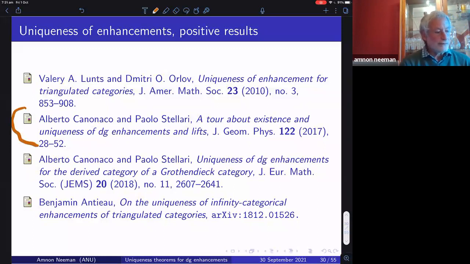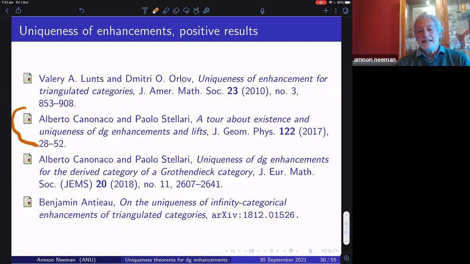But the other paper, the one by Canonaco and Stellari, is a generalization of the paper by Lunts and Orlov, and it appeared in 2018. And so it proves better results.